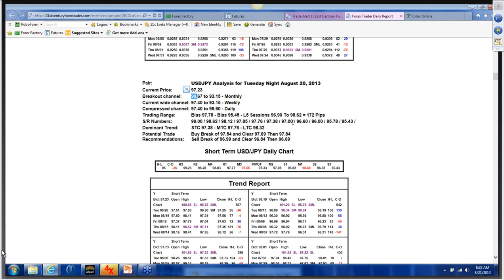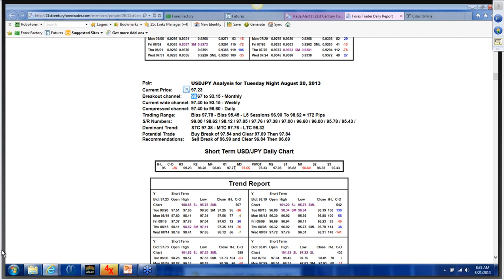If we broke below that, 9,700, no surprise, big whole number. We know that those whole numbers are typically a great level to look for entries and for bounces, because typically that's just a good psychological level where people like to trade from. Next thing up, if we break above 97.76, we've got 97.85.